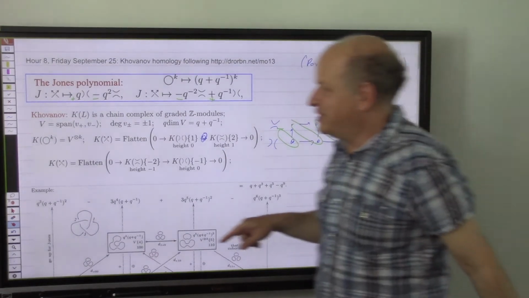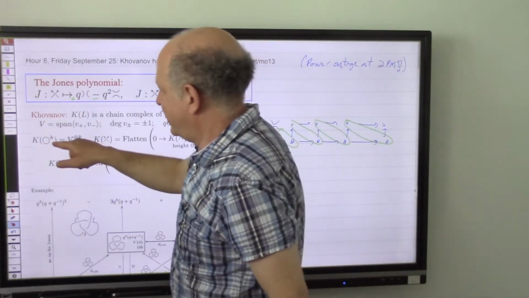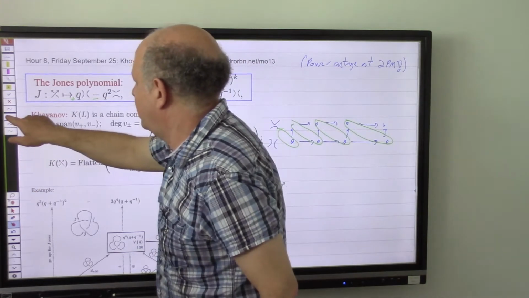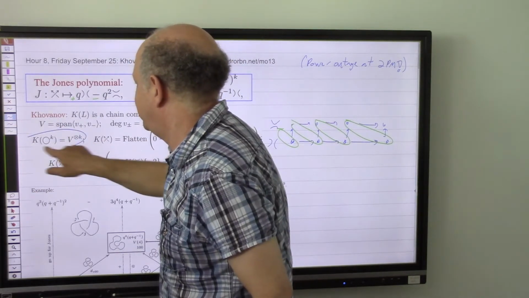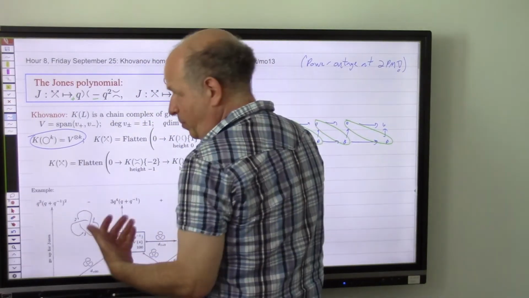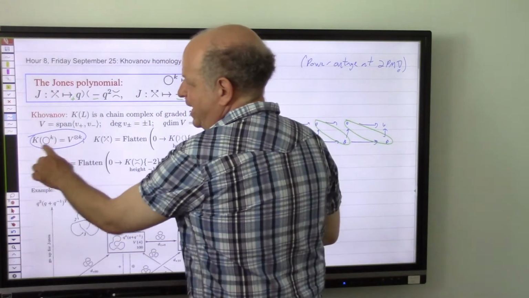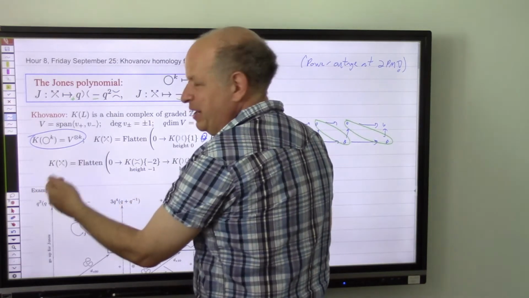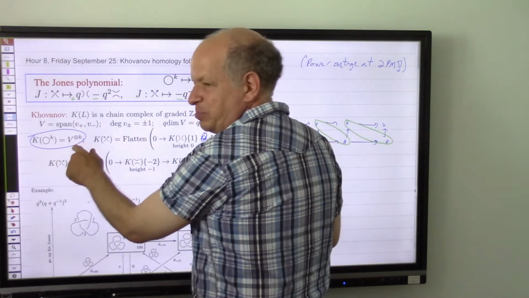So what I'm saying is, your complaint is that K of a naught must be a complex, and here it's only a vector space.